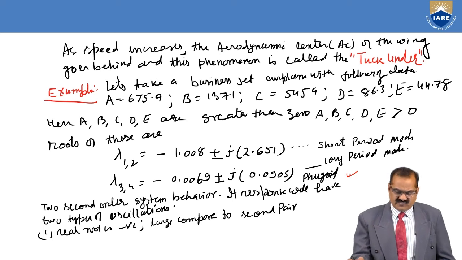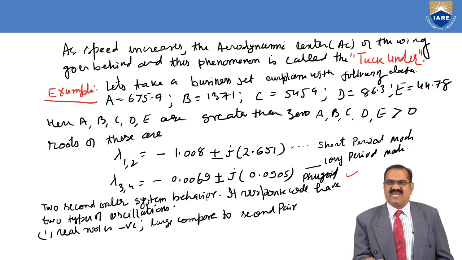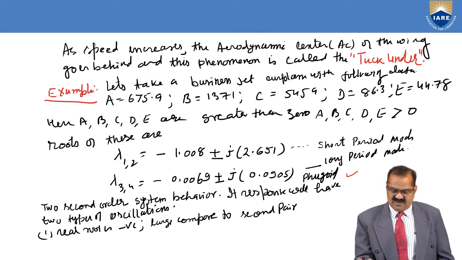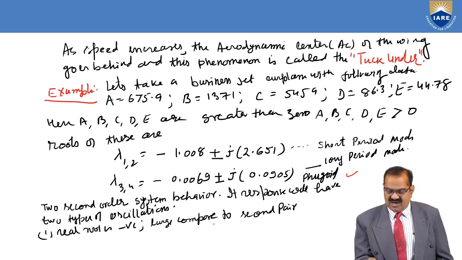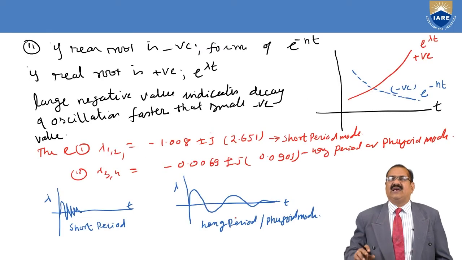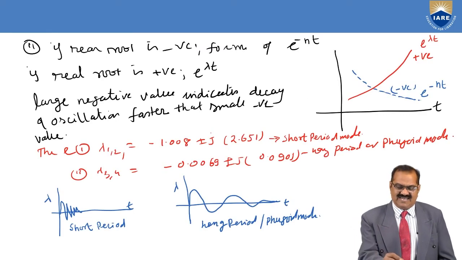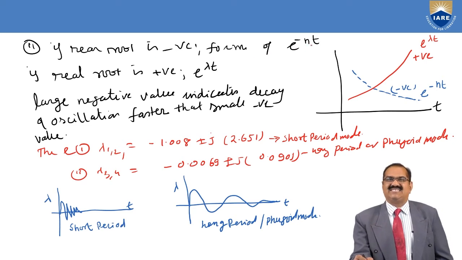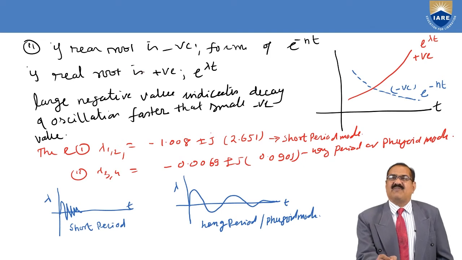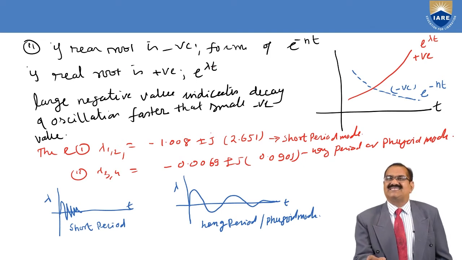So, with two second order systems, the response will have two types of oscillation. One has a real root, negative, and this is large compared to the second pair. If the real root is negative, we get the form e to the power minus lambda t. If the real root is positive, e to the power plus lambda t.